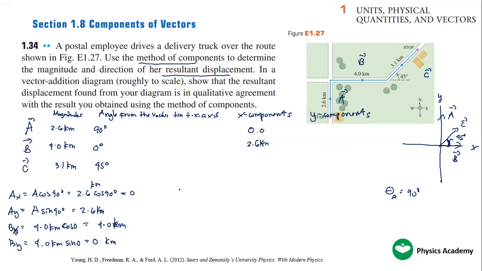So Cx is 3.1 cosine of 45, and our Cy is 3.1 kilometers sine of 45.